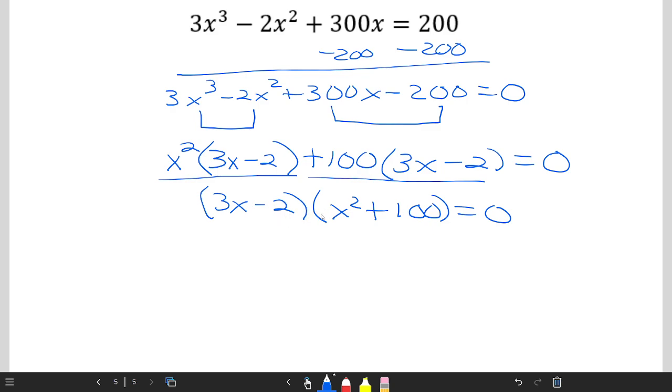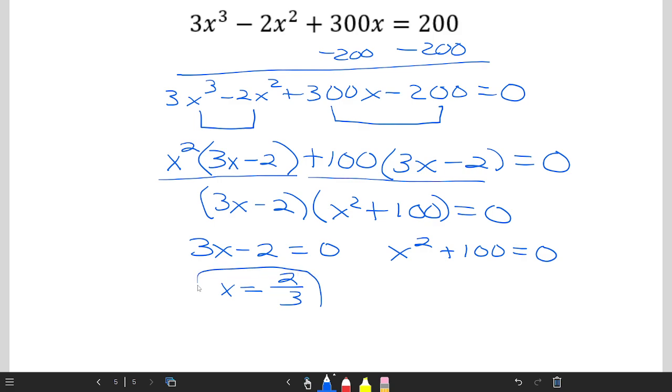Okay, now the left side's factored, the right side is 0, so we can set each factor equal to 0. And for the first one, we can just add 2 and divide by 3, and we'll have x equals 2/3.